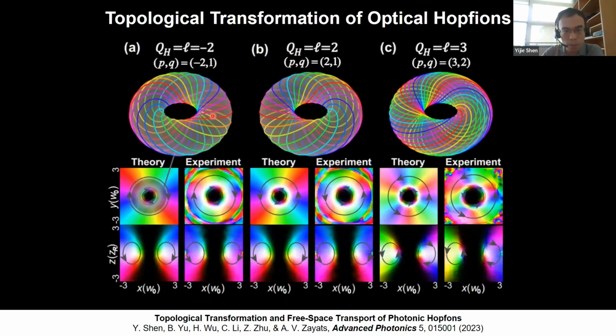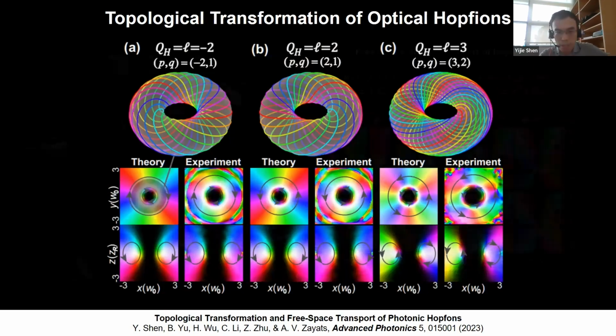You can see 2 times through and 1 time around, and even higher order, 3 times through the hole and 2 times around. These are new topological numbers in 3D that the 2D skyrmion cannot have. But now we can control these orders in 3D structured light.